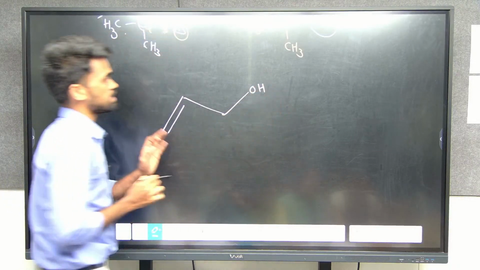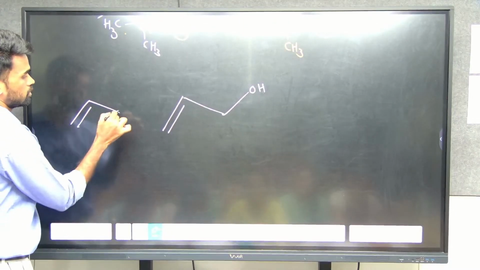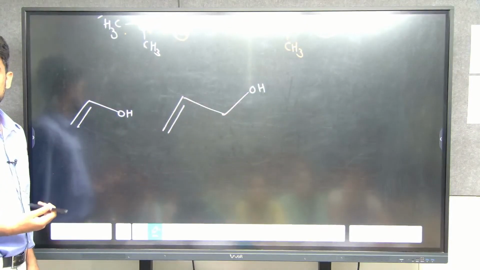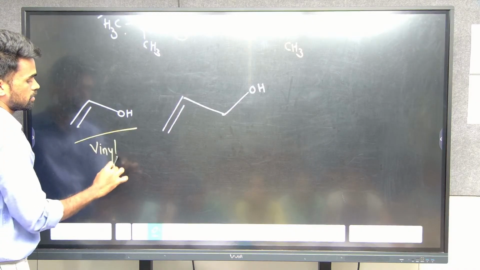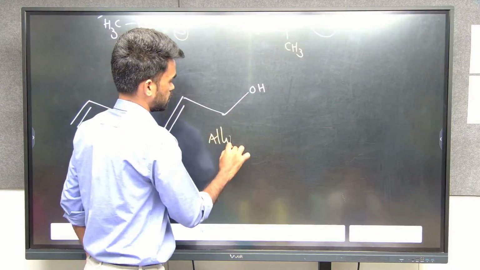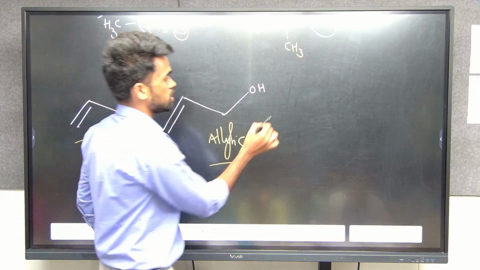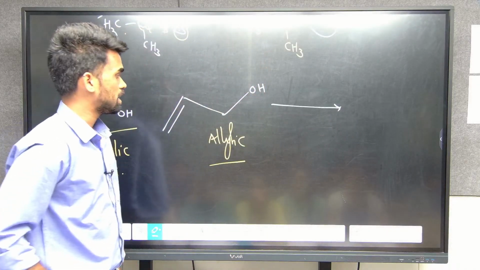See, can I say this alcohol as allylic alcohol? What about these two difference? What makes the difference between these two? So this is called vinylic alcohol. This is allylic. So for oxidation of allylic alcohols, what I am saying? See, simple.